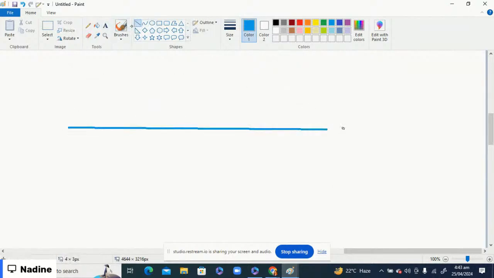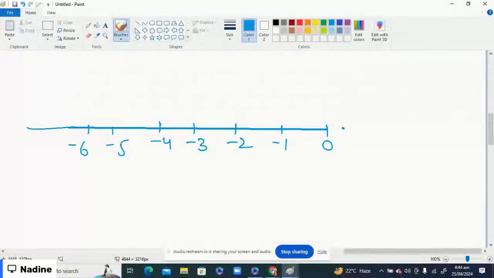We are going to draw the negative side. This is 0, negative 1, negative 2, negative 3, negative 4, negative 5, and negative 6. x is greater than negative 6. Greater than negative 6 means moving back, but less than negative 5. So it means this area.